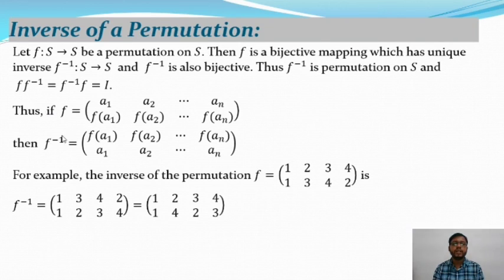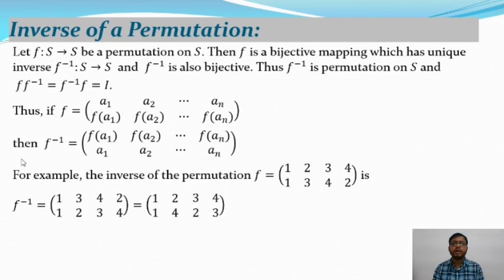So if F is the permutation where the elements a1, a2, up to an are the n distinct elements in the domain set, and the corresponding elements in the range set are F of a1 corresponding to a1, F of a2 corresponding to a2, and F of an corresponding to an. So this is the permutation where a1 goes to F of a1, a2 goes to F of a2, and up to an goes to F of an.